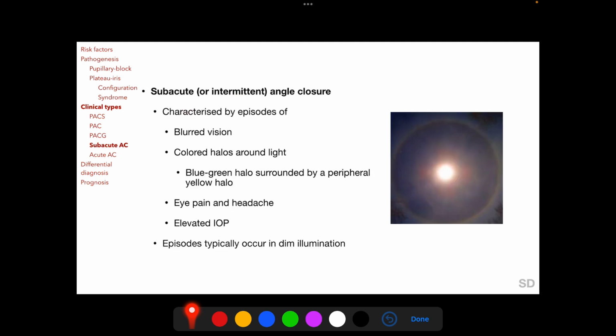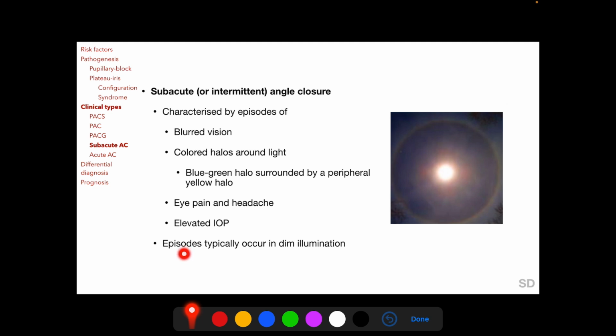Subacute or intermittent angle closure is characterized by intermittent episodes of symptoms consisting of blurred vision, colored halos around light, eye pain and headache, and elevated intraocular pressure. Blurred vision and colored halos around light occur due to corneal edema, particularly corneal microcystic epithelial edema, and colored halos around a light source appear something like as shown in this photograph.